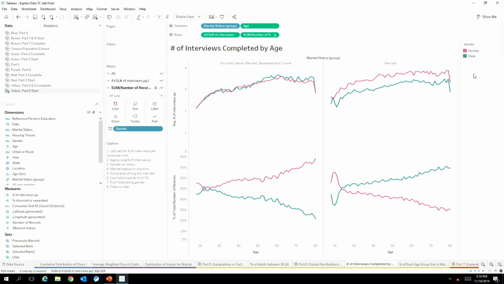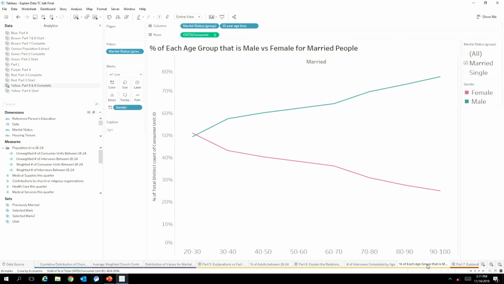This begs the question: things are changing over time. Could the progression of time, with who is the knowledgeable person, be changing what we're seeing? So I've just restricted and simplified this down here to look at married people.